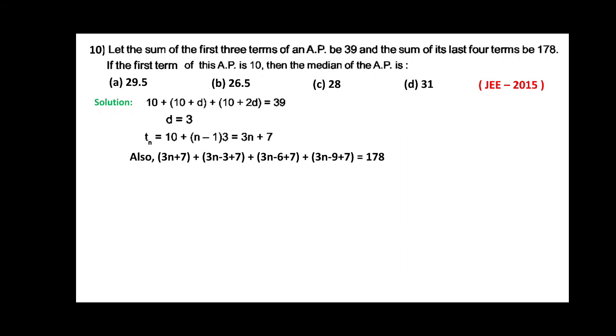Another given data is the sum of the last four terms. The last term is the nth term, which is 3n plus 7. For the previous terms, we have to subtract the d value to get successive terms. So the last term is 3n plus 7, its previous term is 3n minus 3 plus 7, the one before is 3n minus 6 plus 7, and another is 3n minus 9 plus 7.